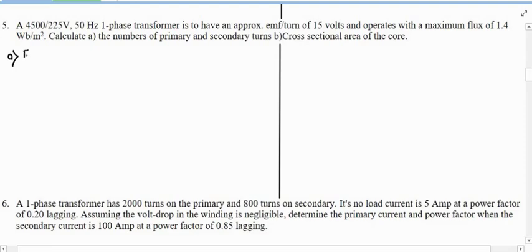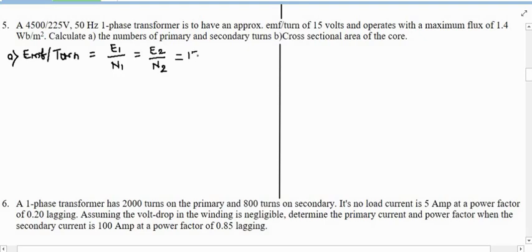So what is EMF per turn? I will write down EMF per turn as E1 upon N1. It is equal to E2 upon N2, right? Because E1 upon E2 is equal to N1 upon N2.